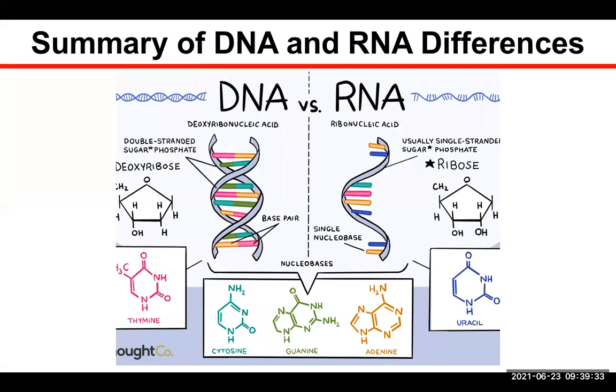Here is additional study material highlighting the differences between DNA and RNA. Again, it really is this nucleotide difference, and it's this structure where DNA is double-stranded and RNA is single-stranded.